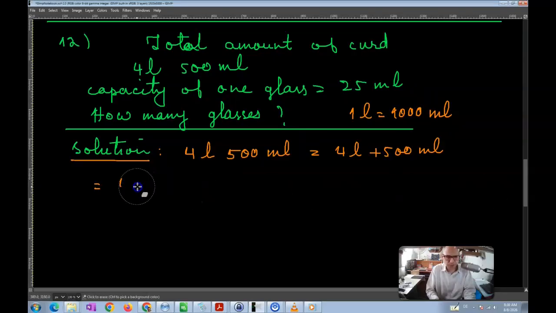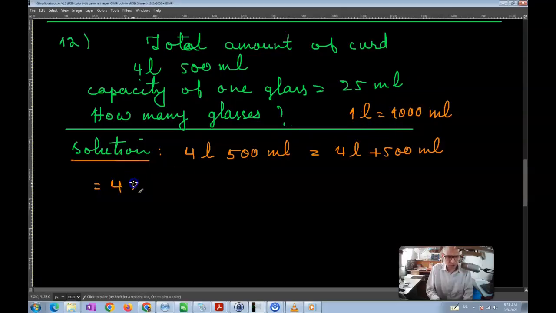You see over here, if 1 liter is 1,000 milliliters, then 4 liters would be 4 times 1 liter, which is 4 times 1,000 milliliters.